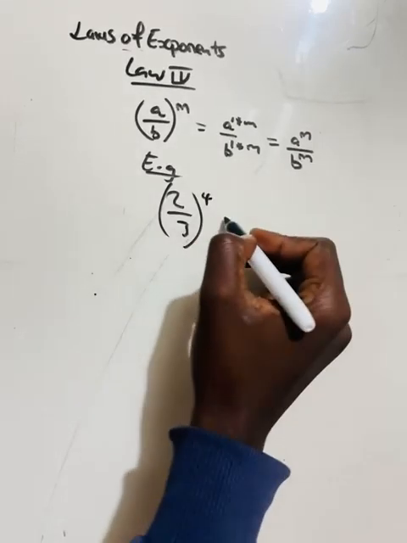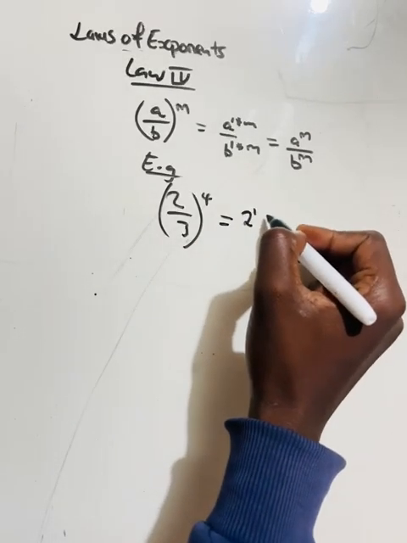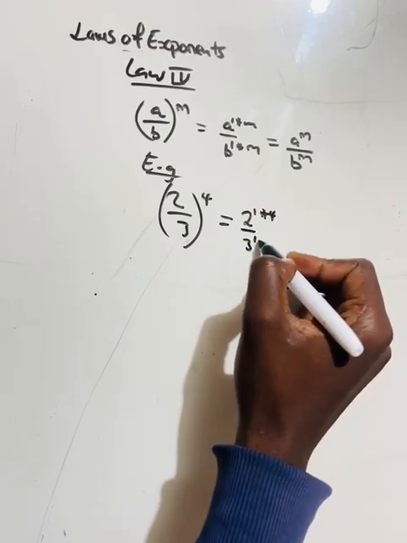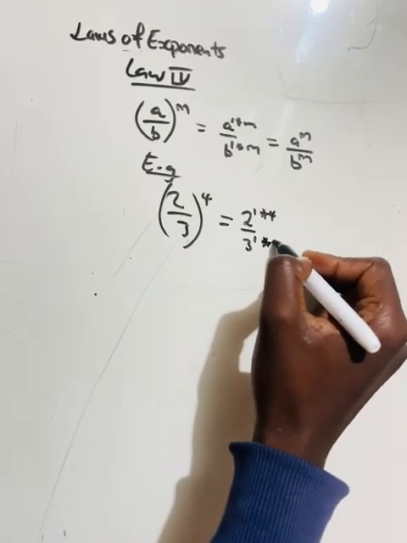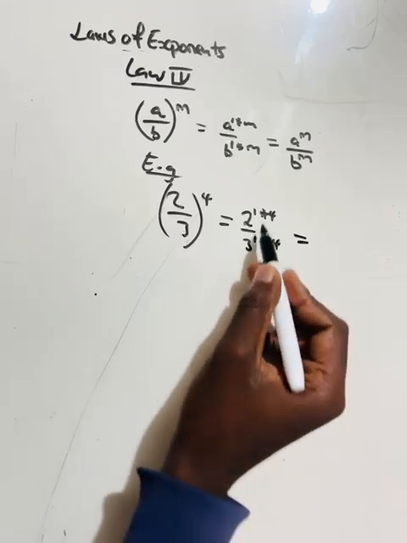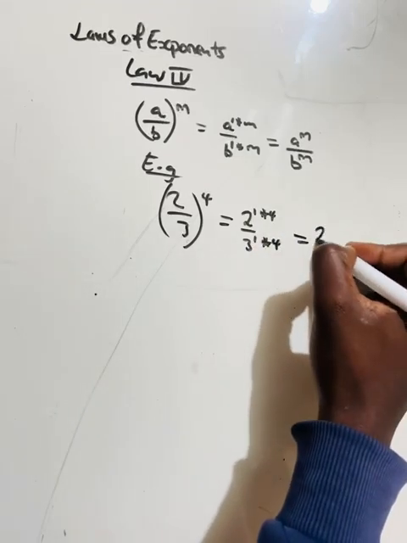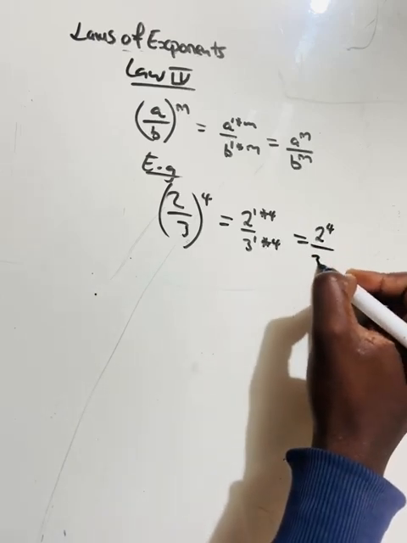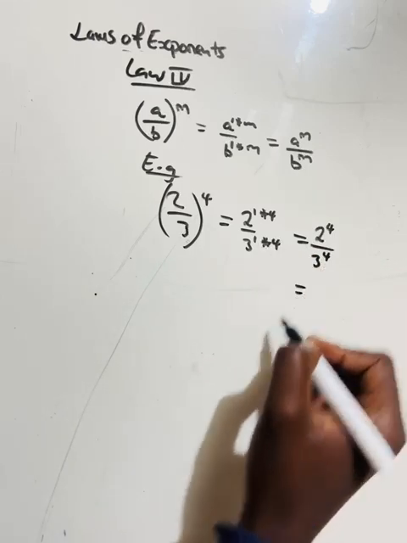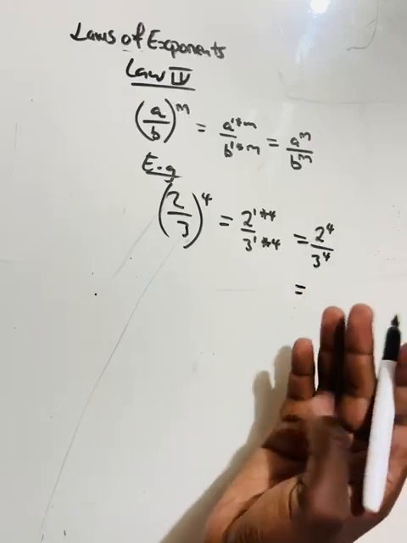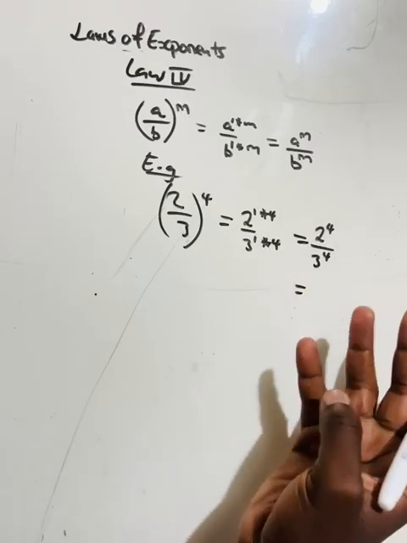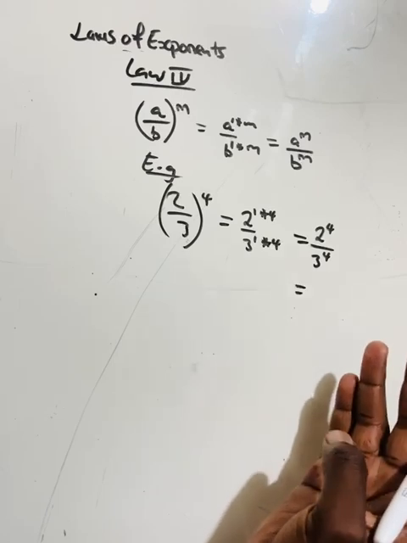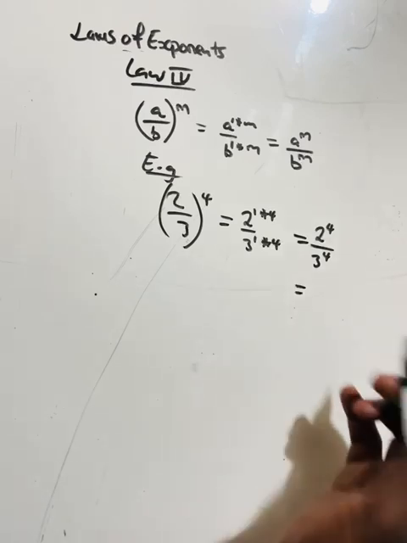In other words, we are now going to say 2 to the power 1 multiplied by 4, all over 3 to the power 1 multiplied by 4, which is 1 by 4 is equal to 4. 2 to the power 4 all over 3 to the power 4. 2 to the power 4, we said it's 16, right? 2, 4, 8, 16.